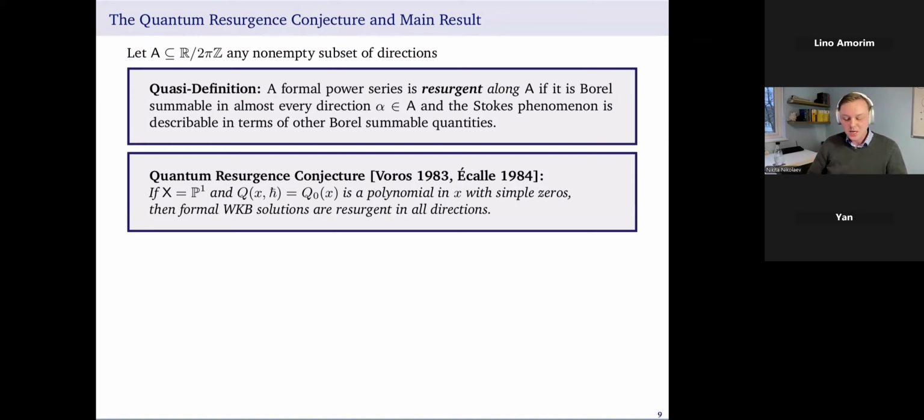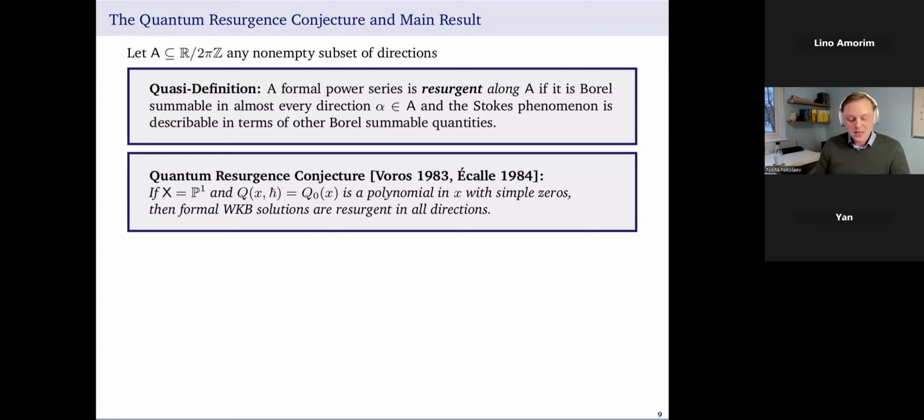Okay, and so there's an old conjecture, basically from the start of the whole exact WKB endeavor. I'm attributing it to Voros and to Ecalle, and I'm calling it the quantum resurgence conjecture. It can be formulated like this. We're studying Schrödinger equations and formal WKB solutions of Schrödinger equations.